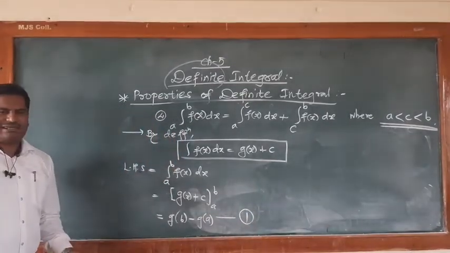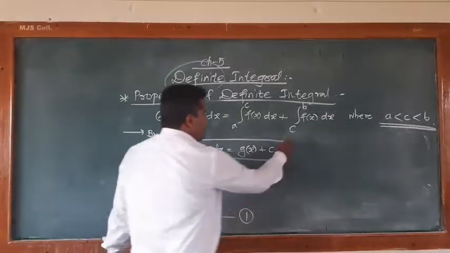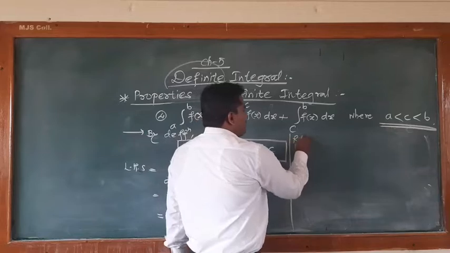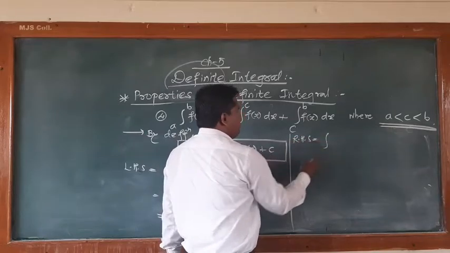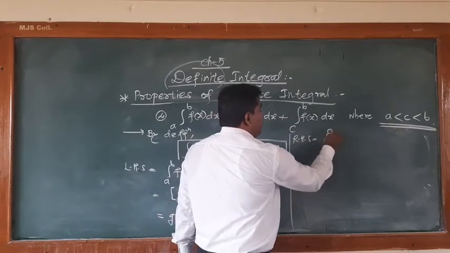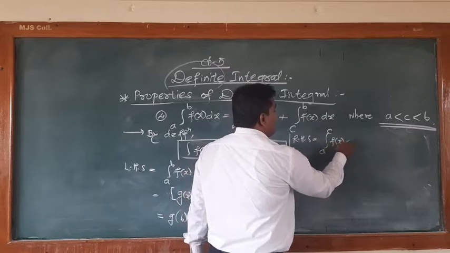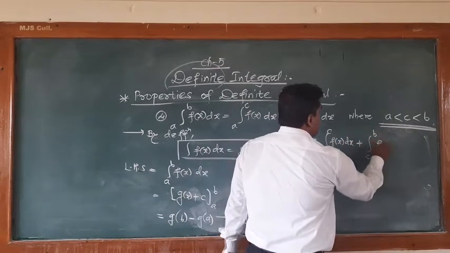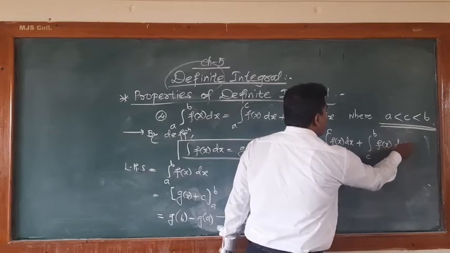It is the LHS. Now, similarly for the RHS, the integration from a to c of f of x with respect to dx plus the integration from c to b of f of x with respect to dx.